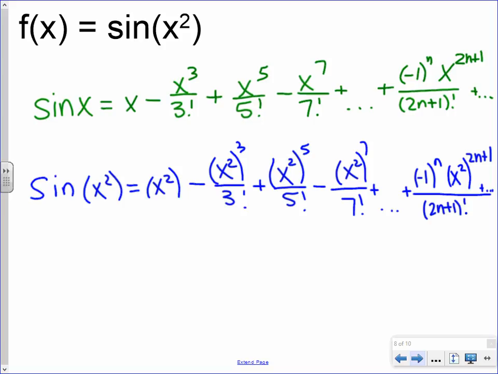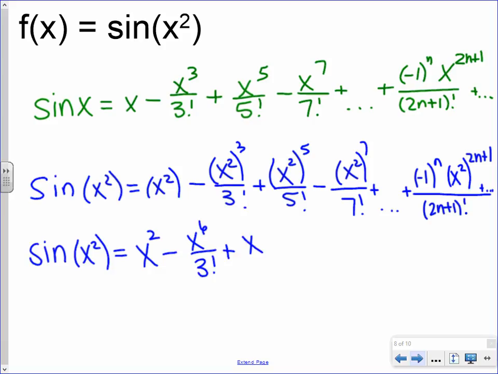All right, and now all we have to do is simplify using simple algebra rules, way back from middle school even. So the sine of x squared becomes x squared minus x to the 6th over 3 factorial plus x to the 10th over 5 factorial minus x to the 14th over 7 factorial.